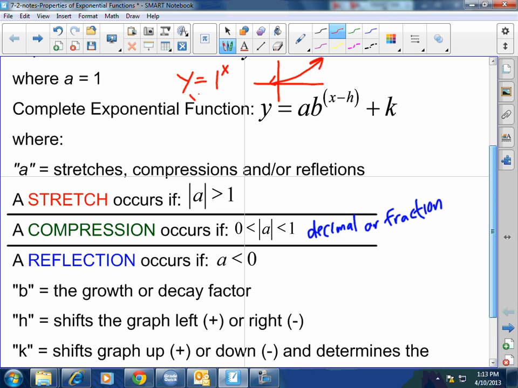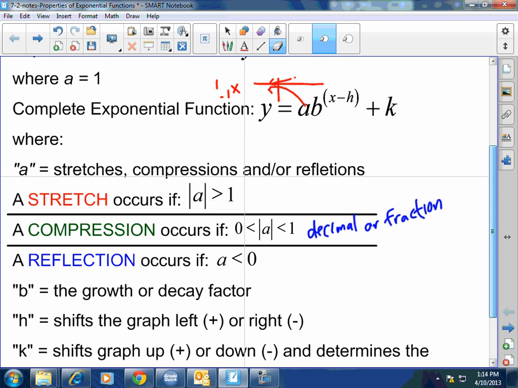And then if I go y equals negative 1 to the x power, when I do that, it's going to be like this, because it's a reflection. I reflected over the x-axis. So that's what the a is going to tell you. If the a is negative, you know it's a reflection. If the absolute value is greater than 1, you know that it's a stretch. If the absolute value of a is between 0 and 1, you know it's a compression.